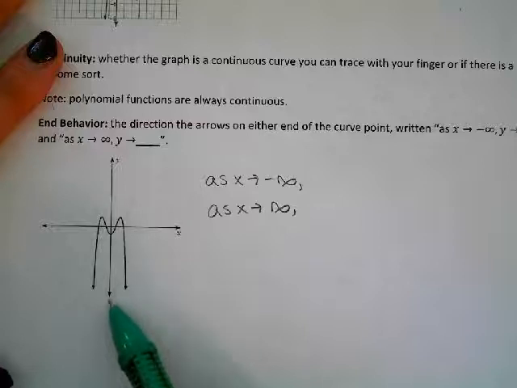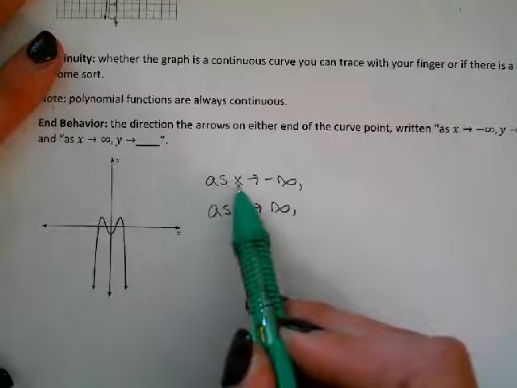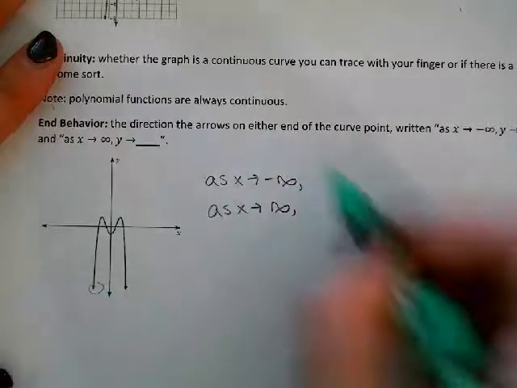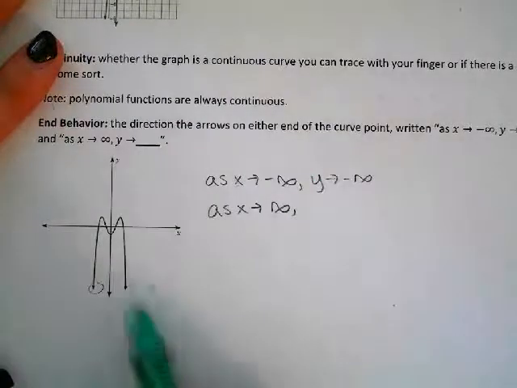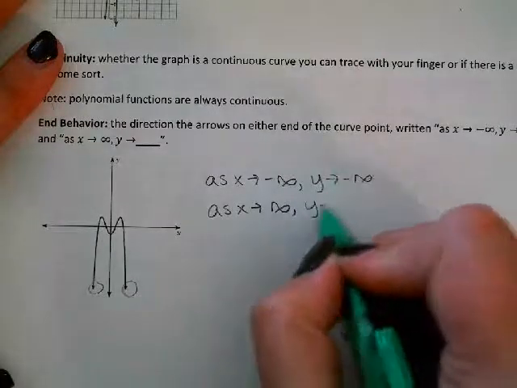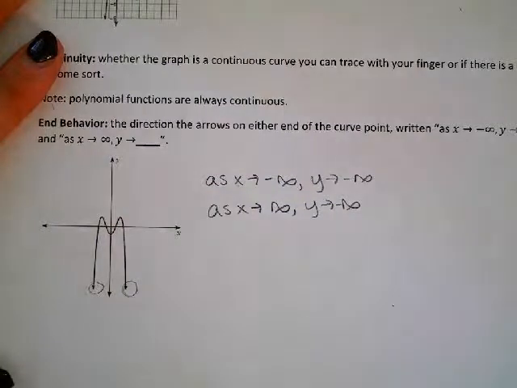So I'm saying as you look at the left arrow, as x goes to negative infinity, it's pointing down, so y goes to negative infinity. As x goes to positive infinity, as we look at the right arrow, it's pointing down, so y also is going to negative infinity again. So both of these are pointing down.